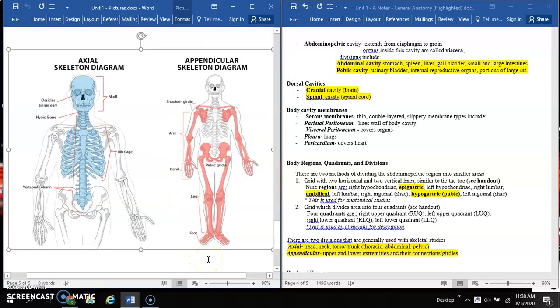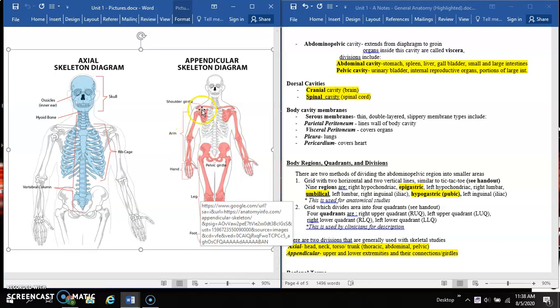And if we look at, for example, the radius and ulna, the humerus, the scapula, the clavicle, the carpal bones and metacarpals and phalanges, those would all be part of this appendage, including the connective points.